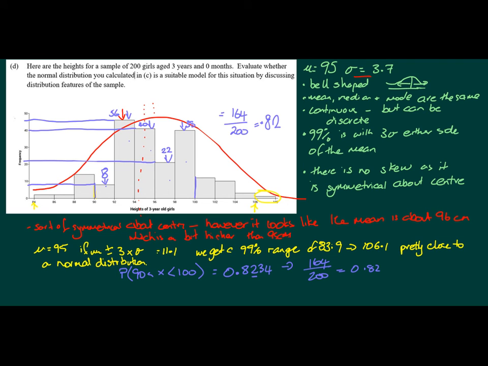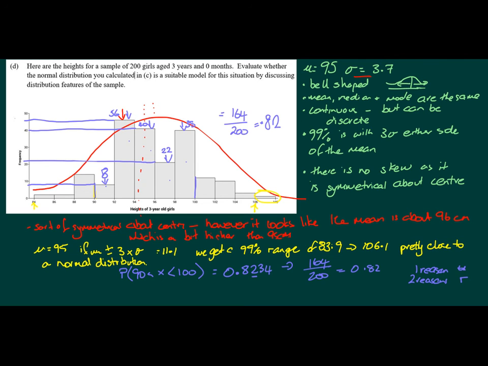So I would say these are a couple of features that certainly indicate that this could possibly be matching a normal distribution. So that's probably all you need to do there. If you said one reason, that gives a U, two reasons gives an R. This is not an excellence question.